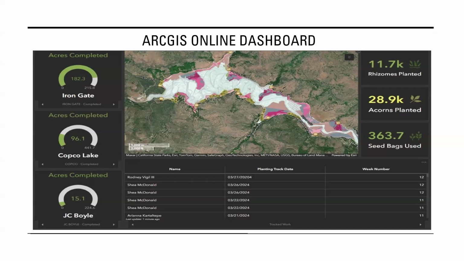And it tells them how many acorns were planted, how many seeds were used, and then it shows the workers. On the revegetation crews, there were between 15 to 20 people working. So we keep track of who was seeding that week or that day, and keep track of what areas need to be seeded and what areas have been seeded.